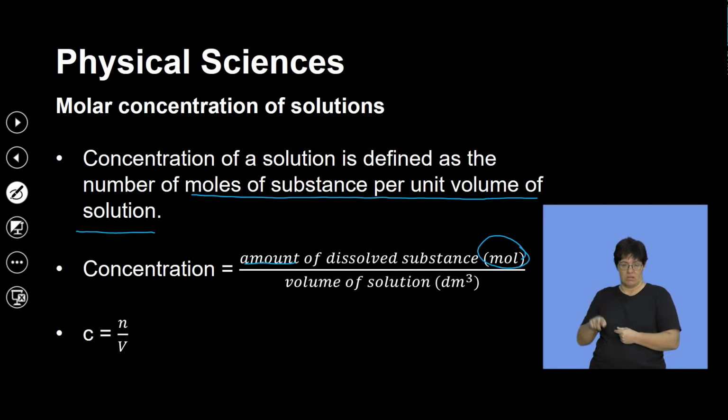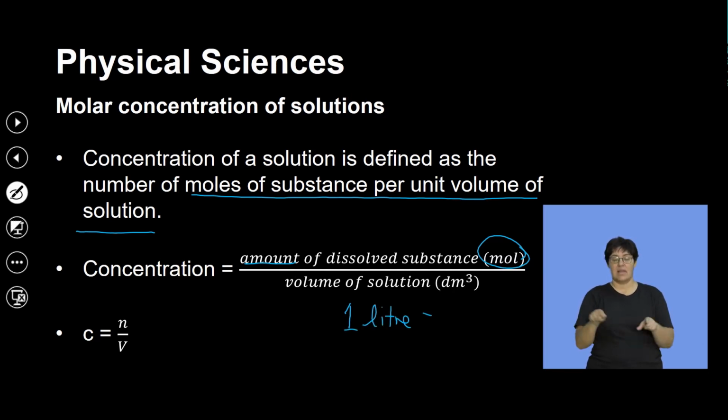Then the volume, whose SI unit is the cubic decimeter. A liter is equal to one cubic decimeter. So the cubic decimeter is the metric equivalent of a liter.